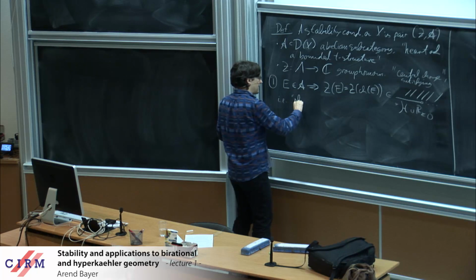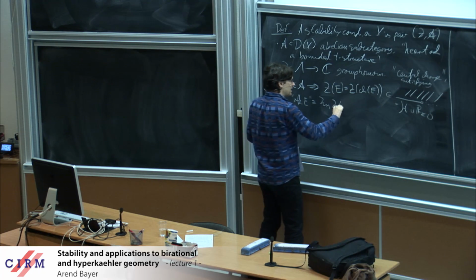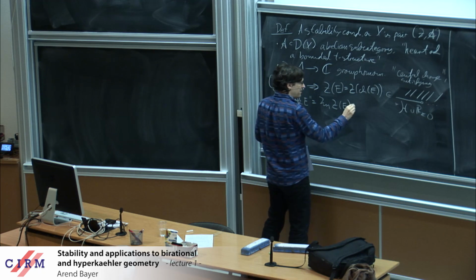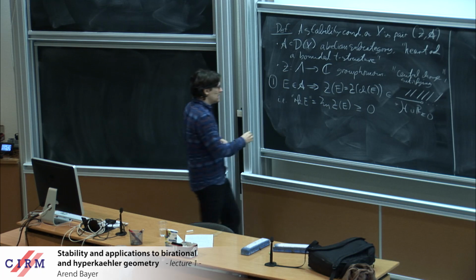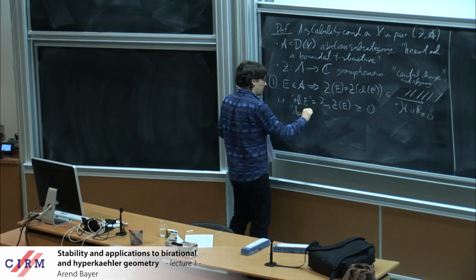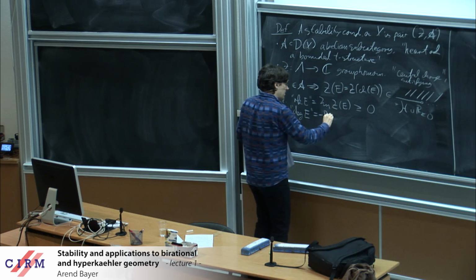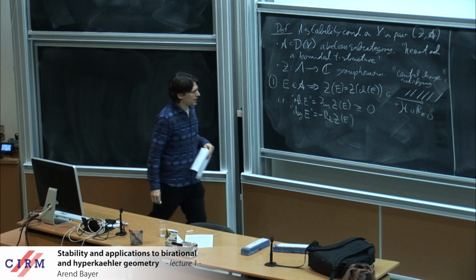I can think of the imaginary part of Z of E as a rank function, a non-negative function additive on short exact sequences, and the negative real part as a degree function.